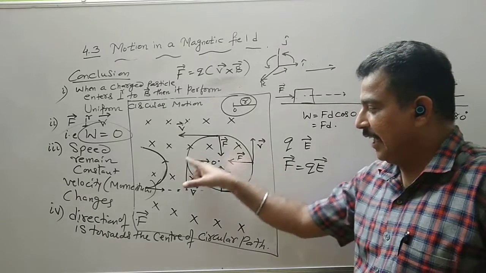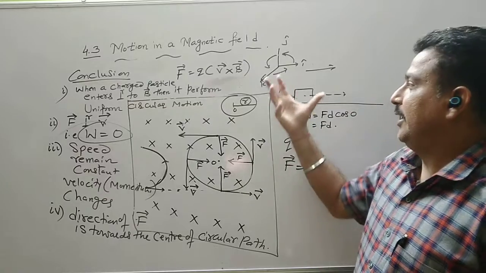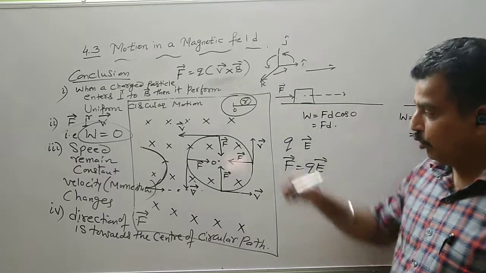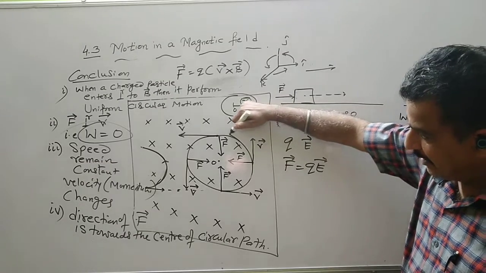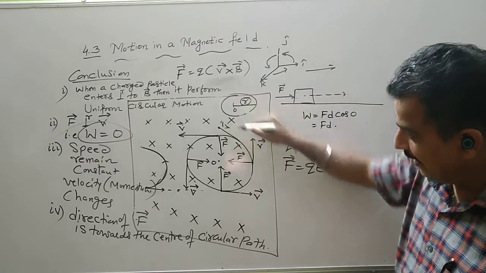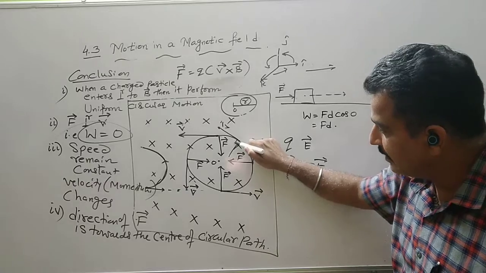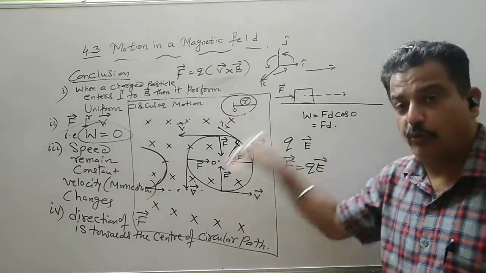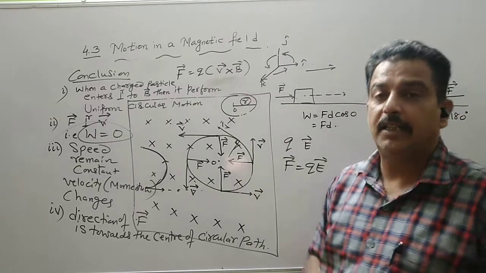These few instants are being shown to understand clearly how it performs a uniform circular motion. If I take this instant, this will be the velocity along the tangent, but the force will always be at 90 degrees, that is perpendicular, and this force will be directed towards the center.